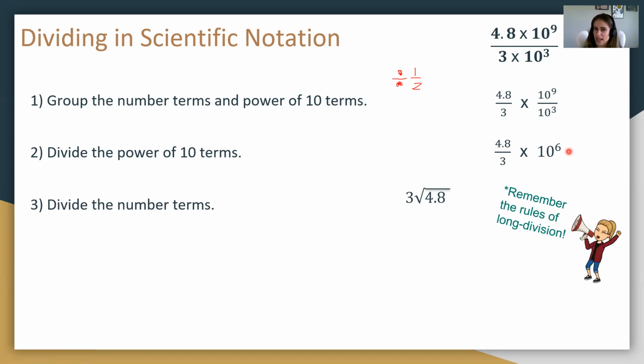So just a couple reminders here in case it's been a little bit since you've done long division like this. Remember that your numerator is what goes inside of your division bar, and your denominator is what you are dividing by. Because it's 4.8 divided by 3. So the 3 is on the outside, the 4.8 is the dividend on the inside.